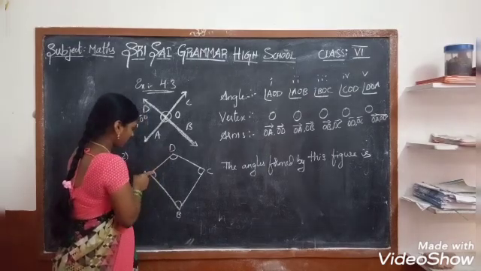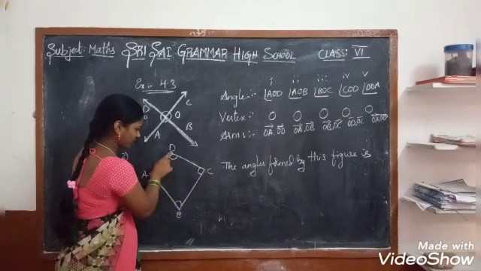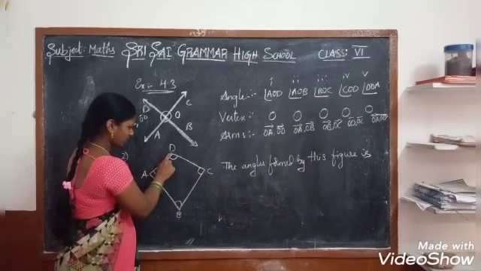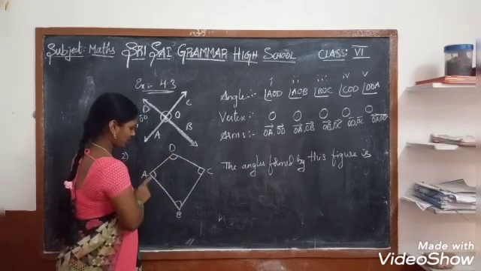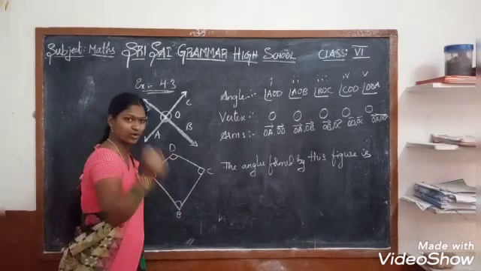D, A, B, C and B, C, D. Yes, and D, A, B, C and B, C, A. Yes, 4 angles are formed.